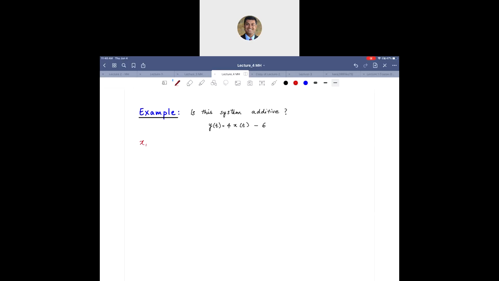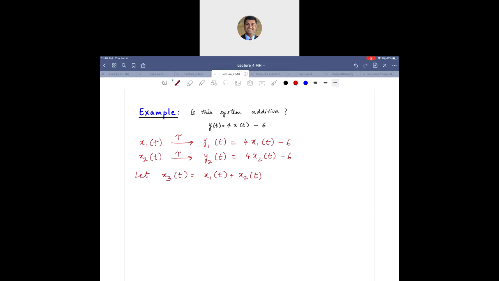We assume x1 of t goes into the system operator to get y1 of t, which is 4x1 of t minus 6. Similarly, another input x2 of t goes into the system with an operator T to get y2 of t, which is 4x2 of t minus 6. Then we define, let x3 of t be the sum of x1 of t and x2 of t.